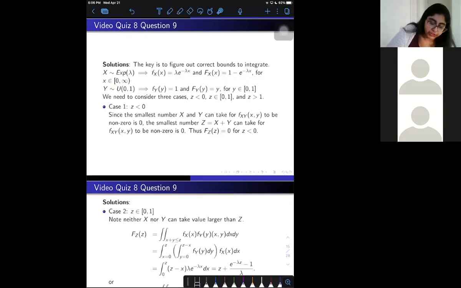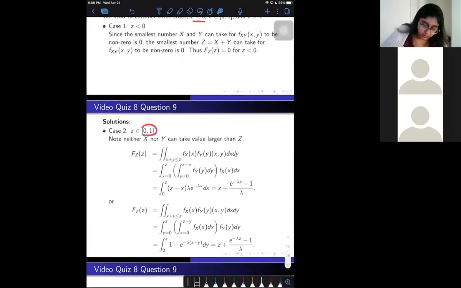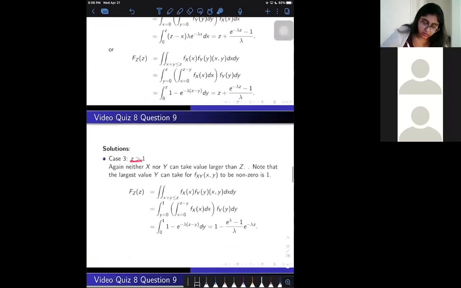Now, y belongs to the uniform distribution, and the PDF of y would be 1 and the CDF is just y, when y is between 0 and 1, as given here. So there are three cases now: when z is less than 0, when z is between 0 and 1, and when z is greater than 1.